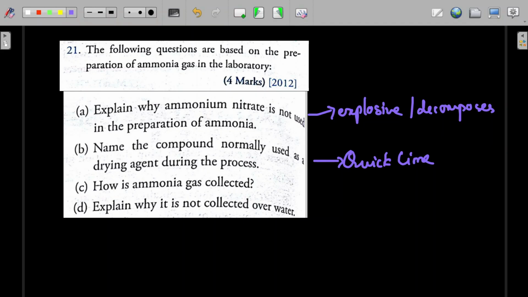How is ammonia gas collected? Ruhani. Downward displacement of air. Right. Explain why it is not collected over water, Isha. Because it is highly soluble in water.